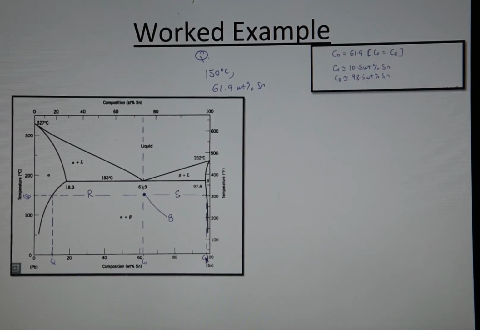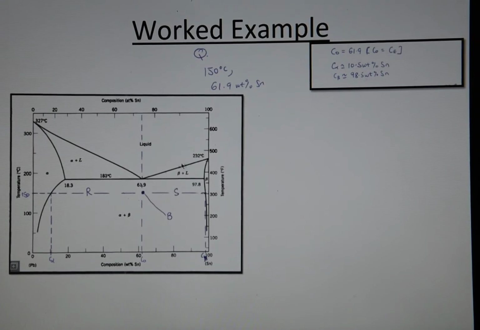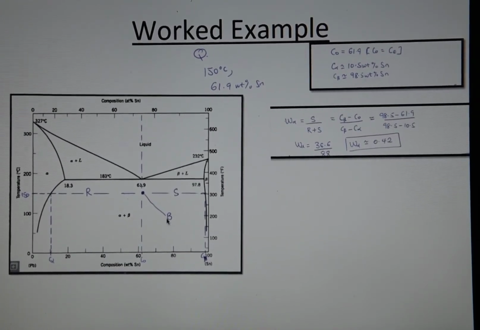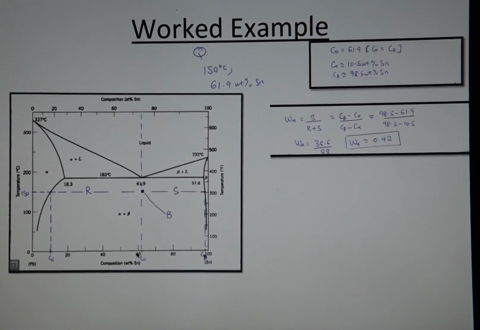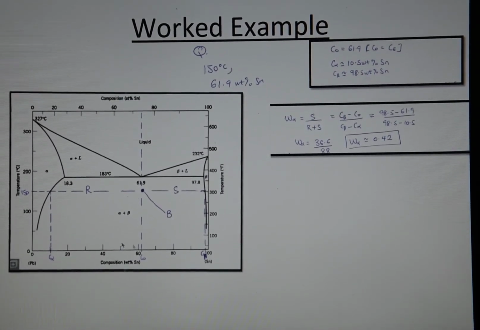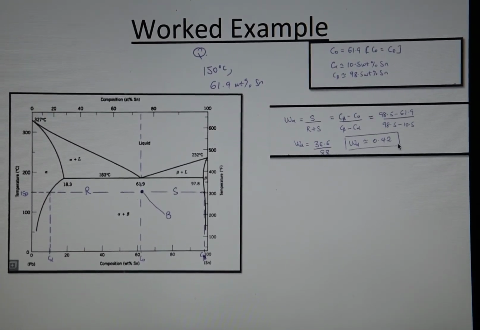And the weight fraction of alpha is S divided by R plus S. So S here is C beta minus C naught, divided by R plus S, which is C beta minus C alpha, and that's approximately 0.4.